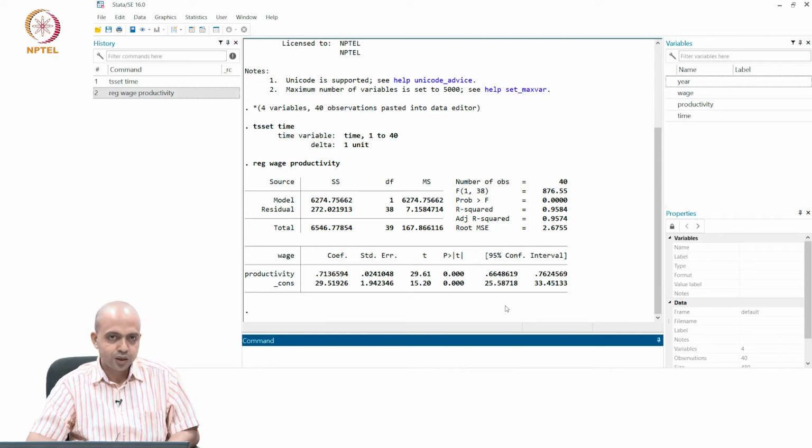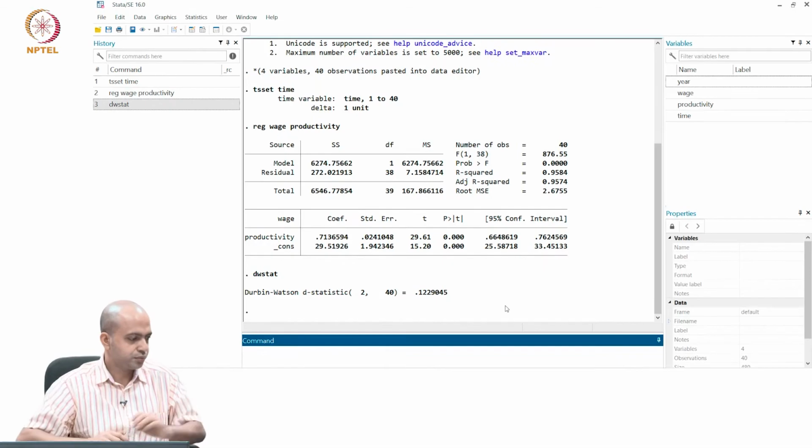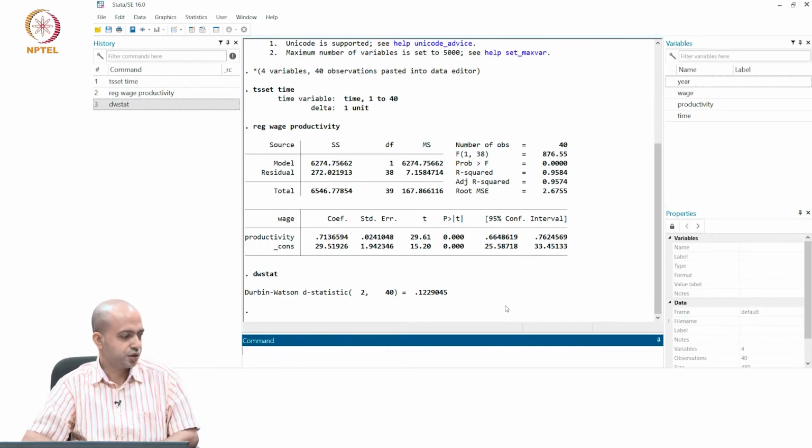How will you do that? To detect autocorrelation, we need to get the Durbin-Watson test statistic, with the command estat dwatson. Okay, the Durbin-Watson test statistic is 0.1229.